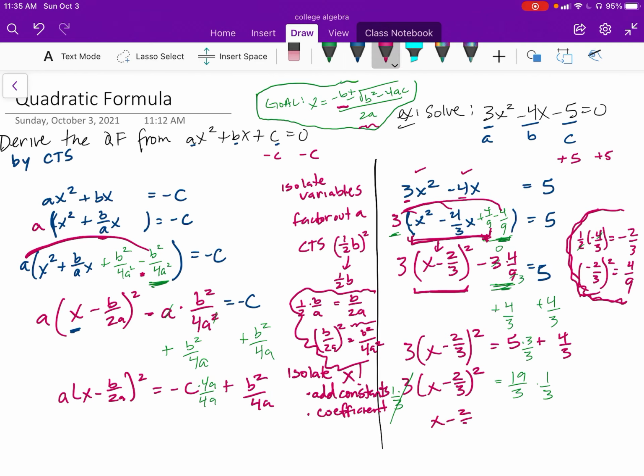So let's look at what happens next. We have 19 over 9. All right. On the right-hand side, same thing. We need to multiply by 1 over a. Negative 4ac plus b squared all over 4a, multiplied by the 1 over a.